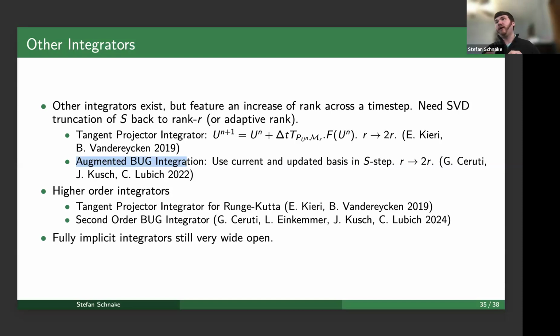But again, this involves going from R to 2R, so you have to do some sort of truncation unless you want your rank to explode exponentially. There's also work on higher order integrators. I'll just say that there's a very recent paper coming out to extend this BUG integrator to second order in time, padding it with more basis functions as you need.